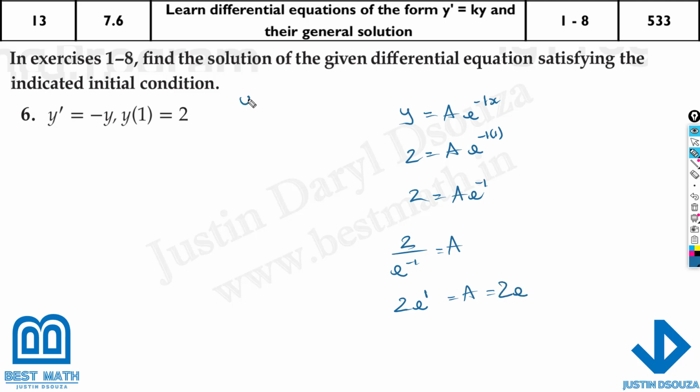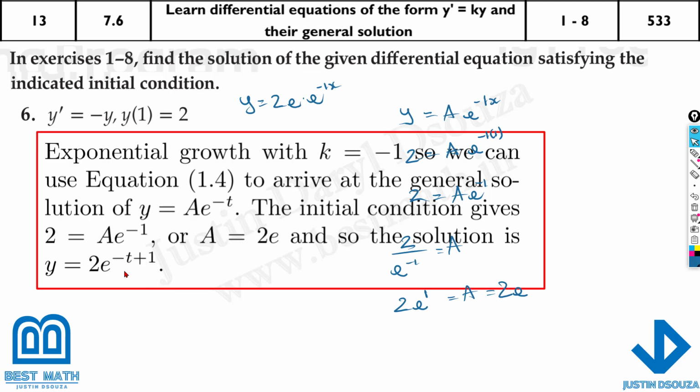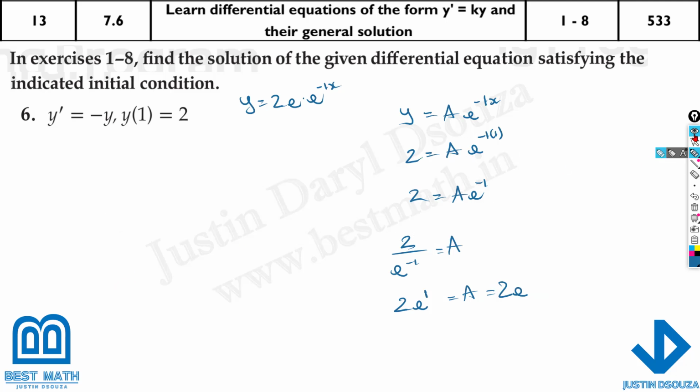Now we can write the final answer. y is equal to 2e times e to the power minus 1x. Now let me look into the answer, how they have written. If they have simplified, I'll also simplify. Yes, they have simplified this. So what I'll do is I'll just simplify here. So here y is equal to 2. This is e to the power 1, right, if there's nothing.